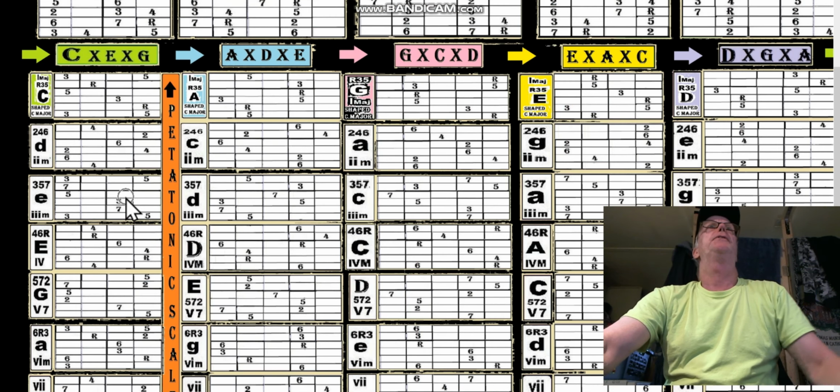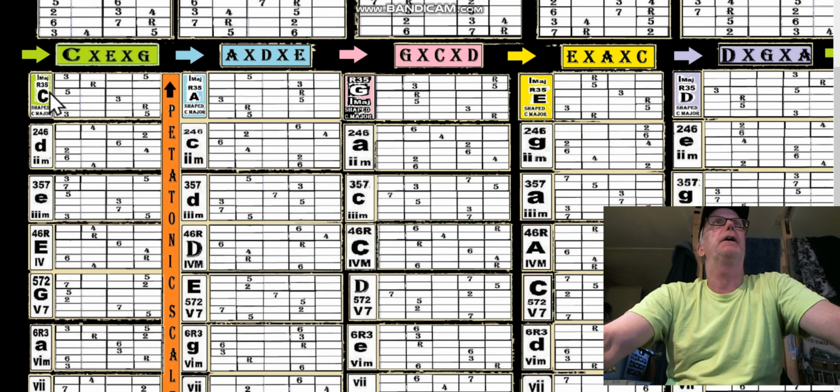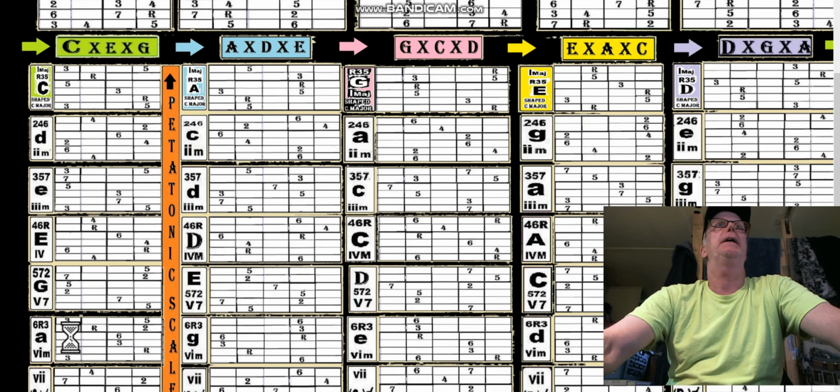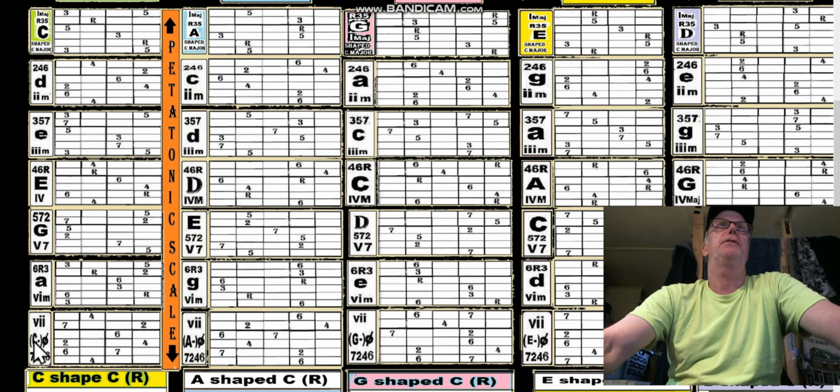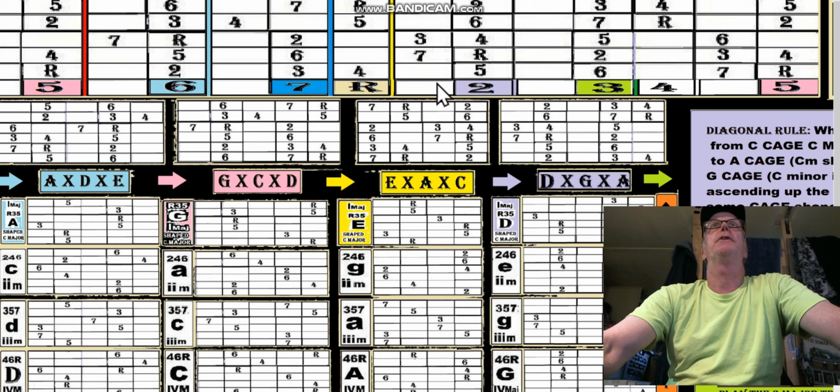And when it is, you have an ascending pentatonic scale: C, D, E, E in the same cage, G, A, and then C, C minus C in the same cage, which is up here. That cage is up here.